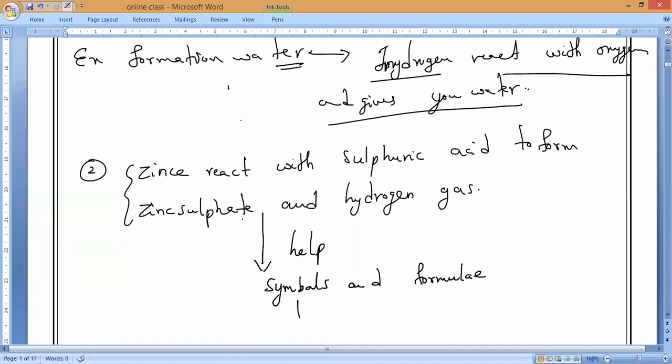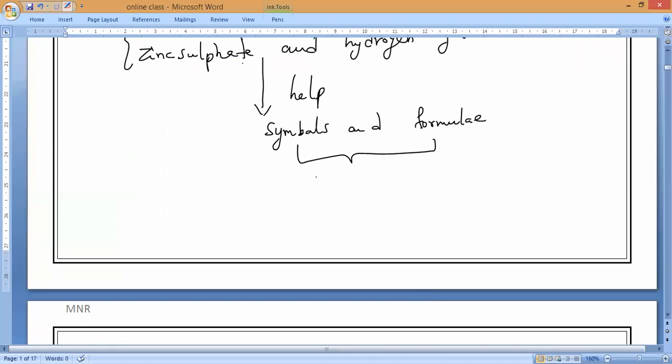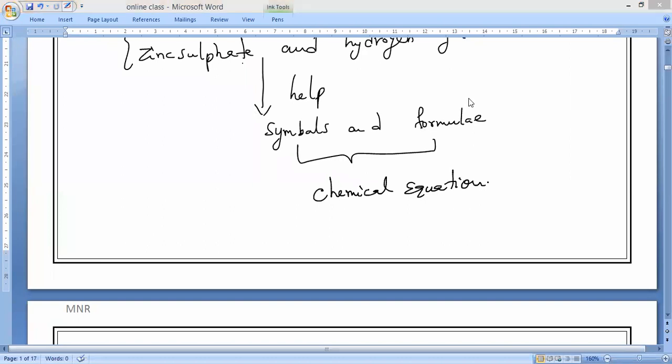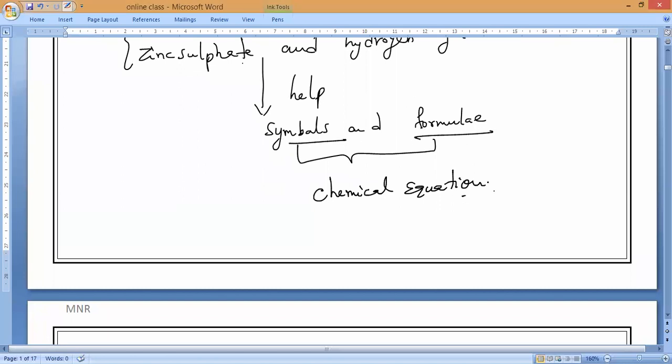So writing the chemical reaction in the form of symbols and formulae is what we call a chemical equation. So what is the simple definition of a chemical equation? Writing the chemical reaction, understand, in the form of what? With the help of symbols and formulae is called a chemical equation.